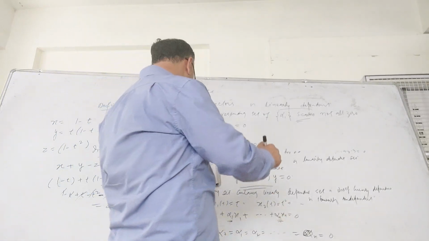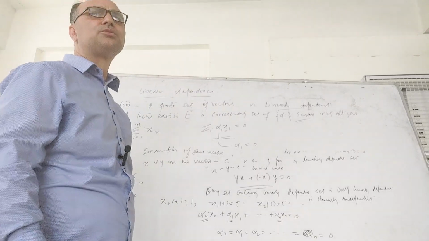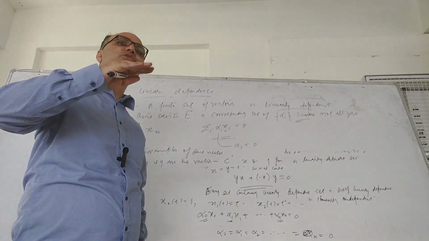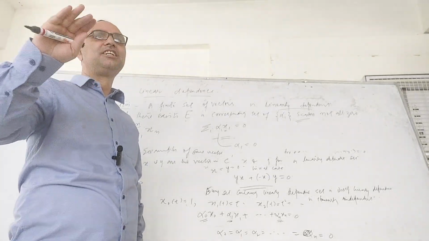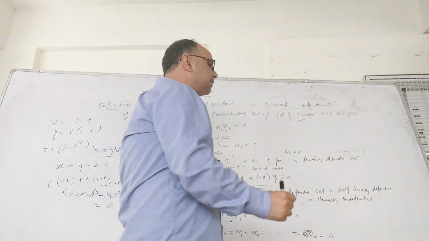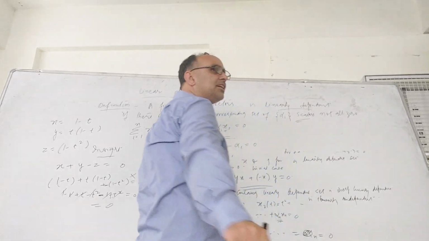Normally we don't visualize space geometrically beyond 1, 2, and 3, three-dimensional spaces. So in principle, mathematically, you can have n-dimensional spaces.